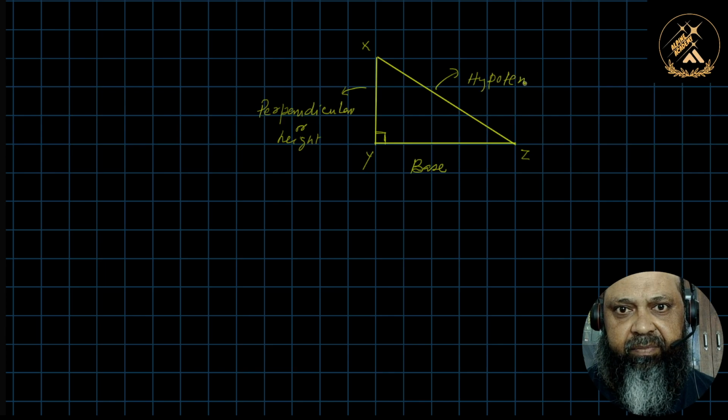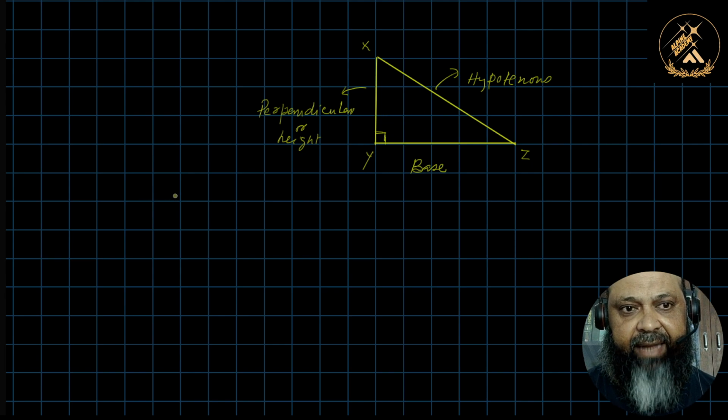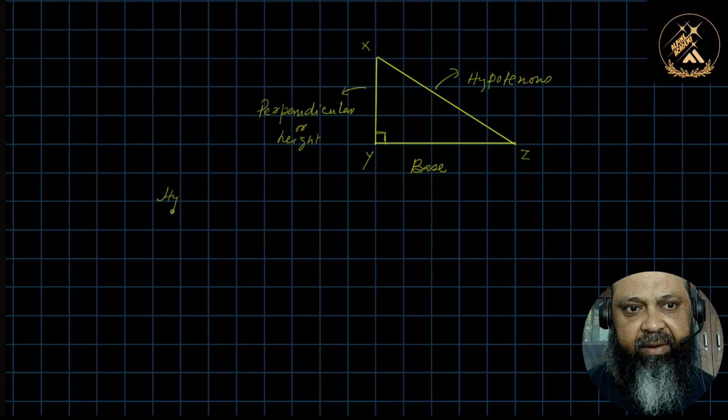This theorem gives the relation between them: the hypotenuse square is equal to the base square plus the perpendicular square.